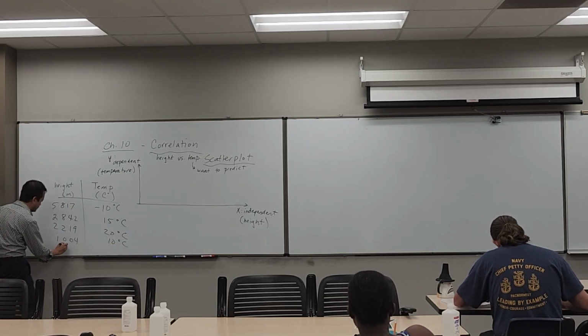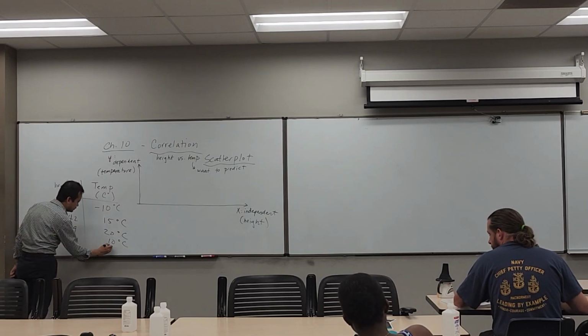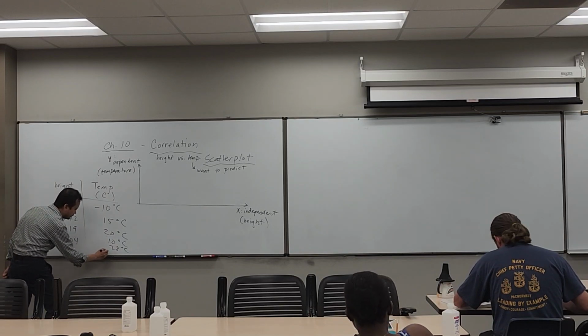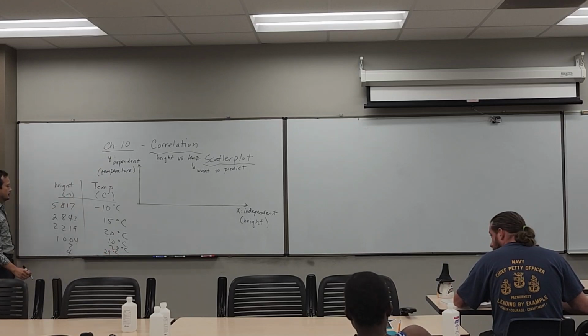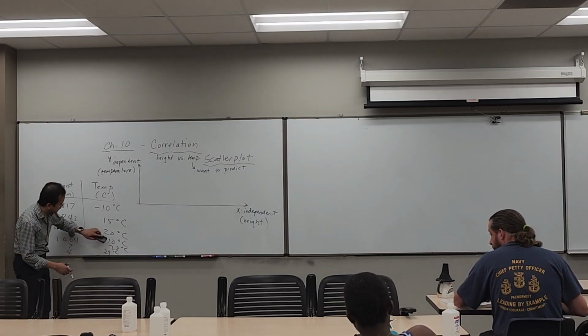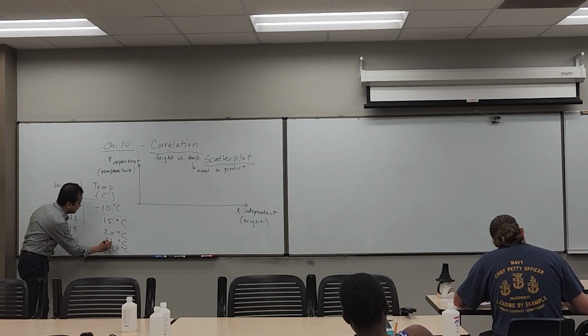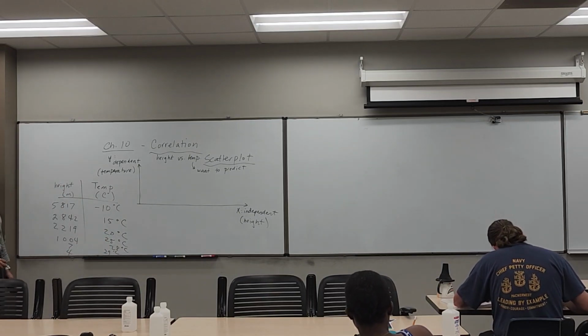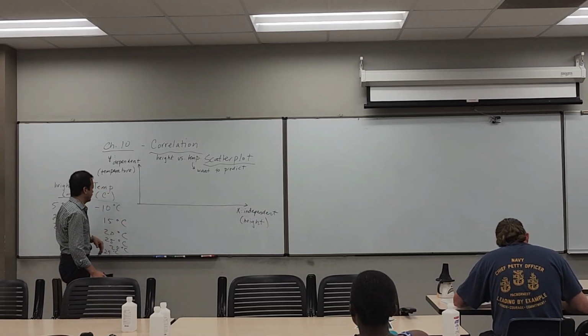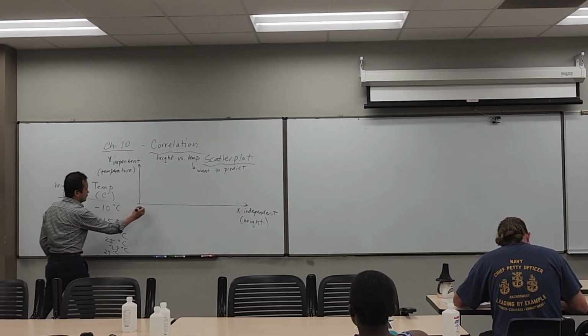Then we're at 7 meters, temperature is 28 degrees Celsius. And finally, we're at 4 meters, temperature is 29 degrees Celsius. Let's say this one at 10 degrees Celsius, let's make that 25. Those are the data points you actually observe. For each data point, you could plot it on the scatter plot. So let's label this axis.